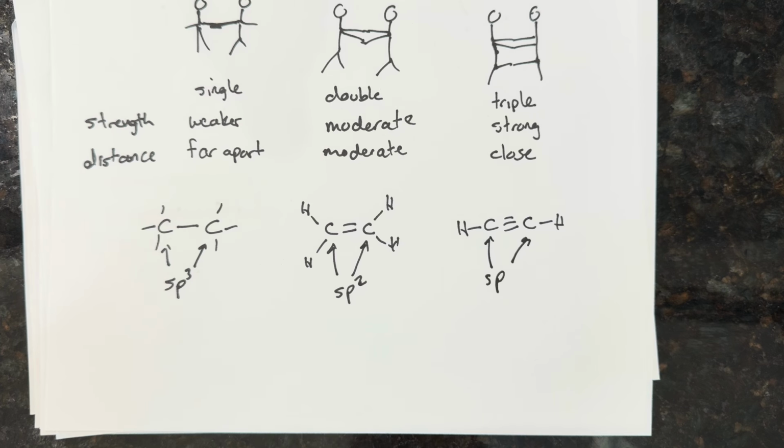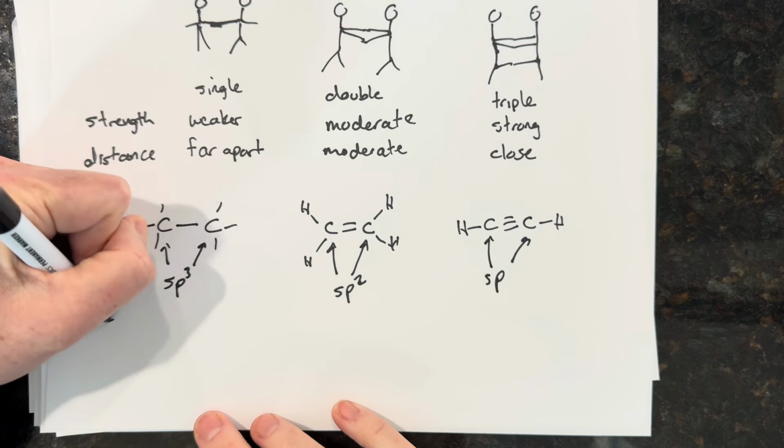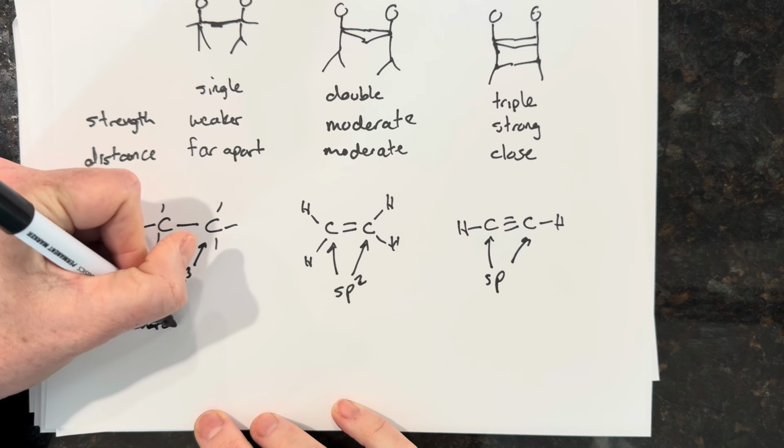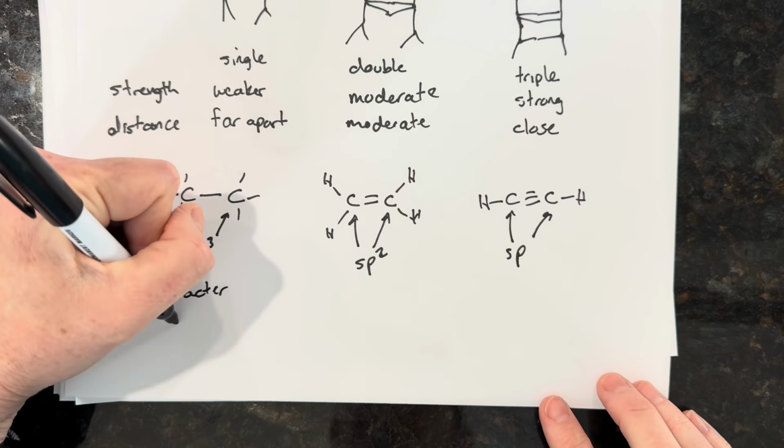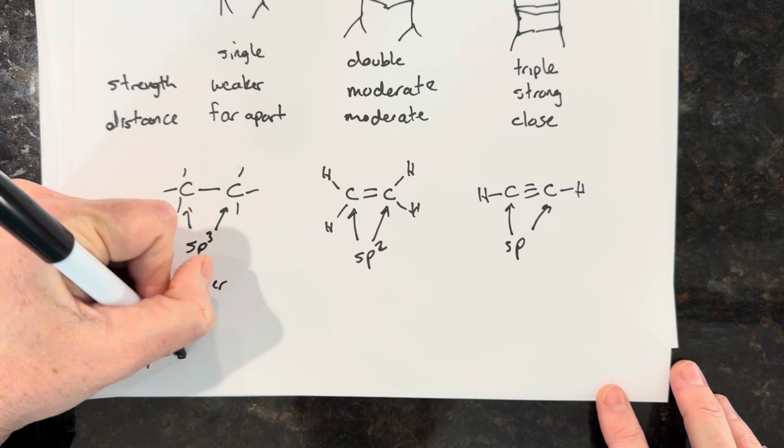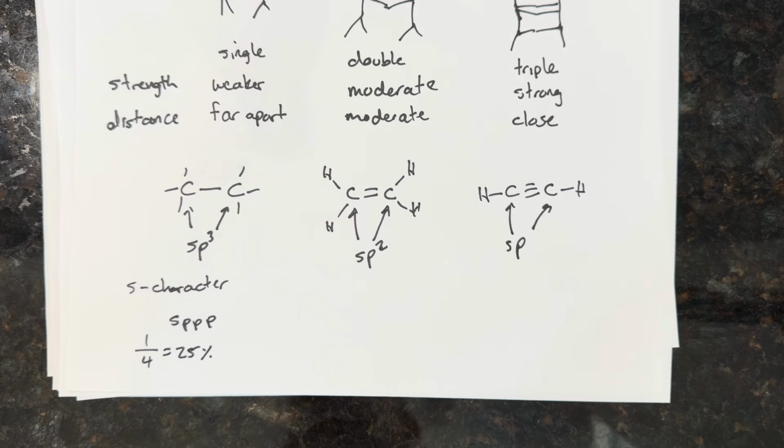Okay, so there's this other way that we figure out how strong something is, and that's called S character. If you remember, the sp3 was essentially saying there's an S and 3 P's, right? So out of these 4 letters, one of them is an S. Okay, so 1 out of 4 letters was an S. In other words, this has 25% S character. Cool.